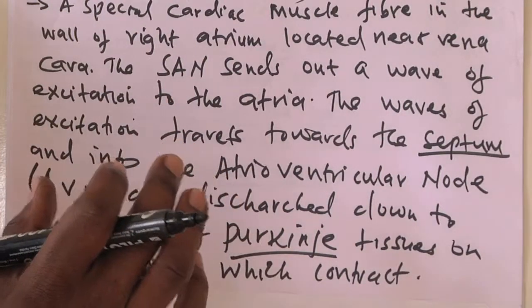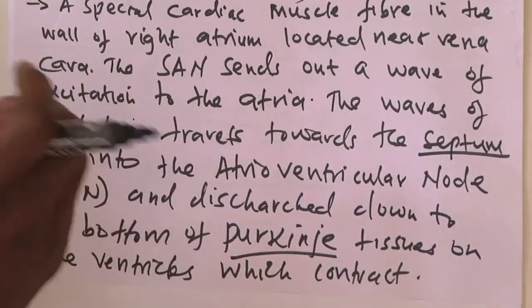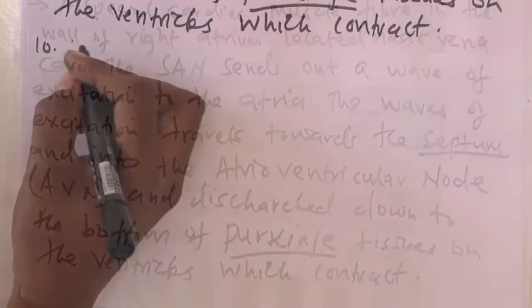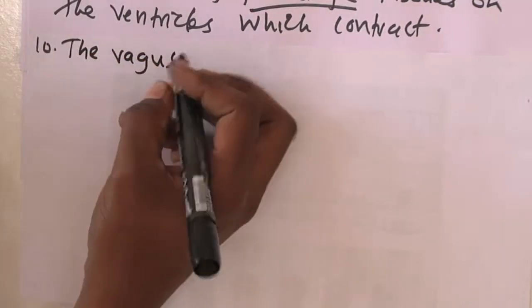So there is always a part on the heart that we call the vagus and the sympathetic nerve. Number 10, we talk about the vagus nerve.